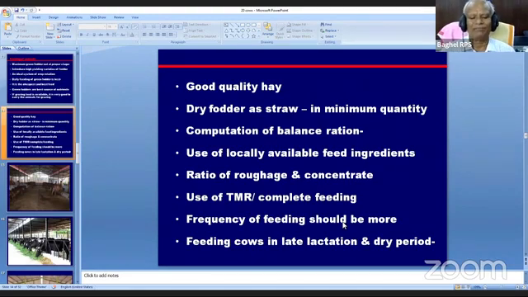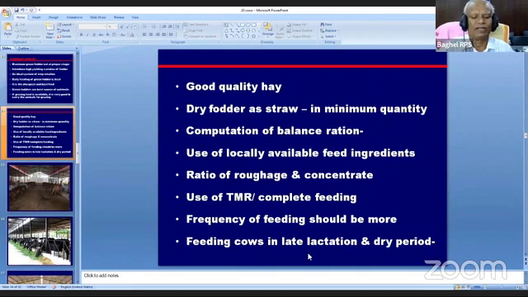So by increasing the frequency of feeding, cows will consume more feed, and it is the only source which supplies nutrients to the body. So more frequent feeding will give better intake of feed. Feed losses will be minimum, and there will be better utilization of feed, so better productivity of the animal.